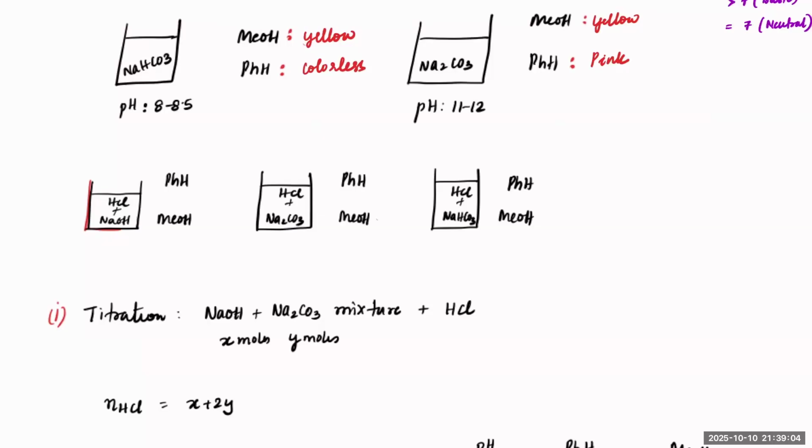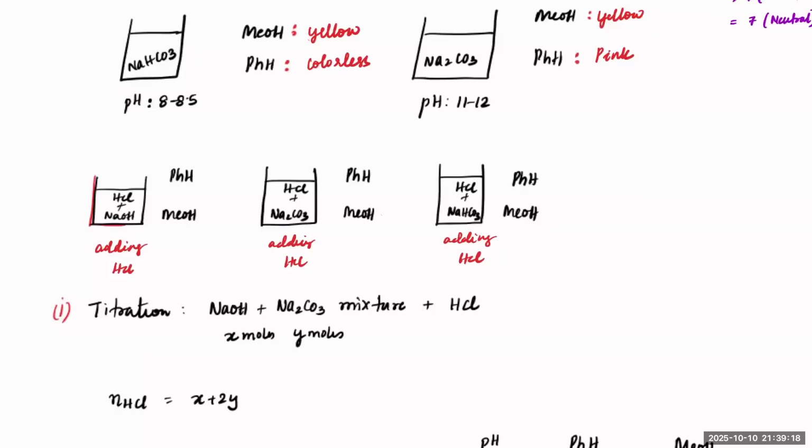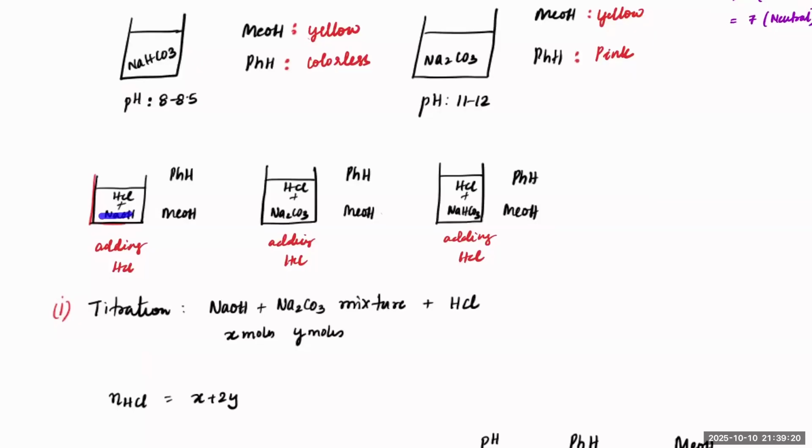Here we are adding HCl. Here also we are adding HCl. So we are adding HCl to the solution which has NaOH, Na2CO3 or NaHCO3. Okay. What should happen? pH should change, right?